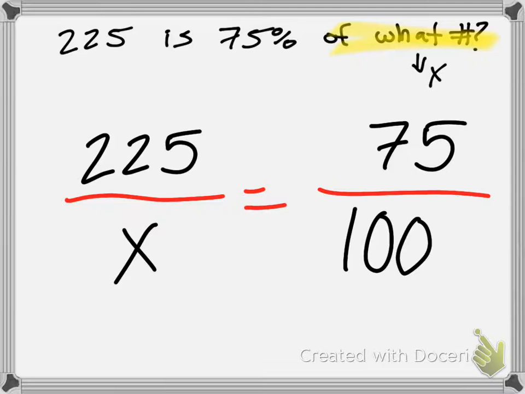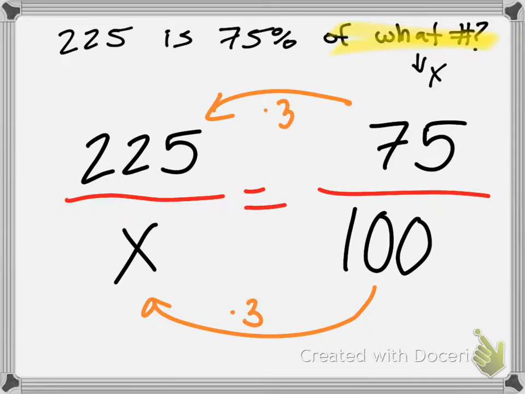Does anybody happen to know how to get from 75 to 225? Amelia, do you know? Ella? 3 times. Again, if we don't know this, this is the stuff that I'm going fast with, just because we can spend time on that later. 100 times 3 is 300.